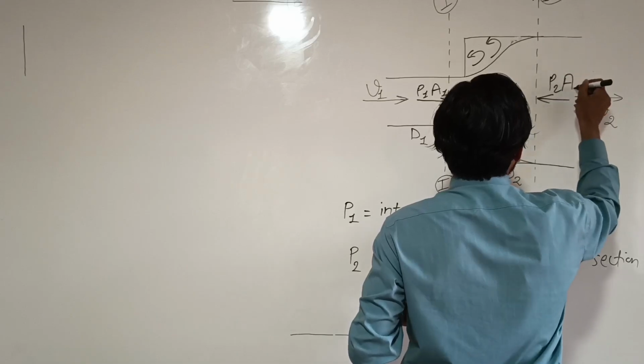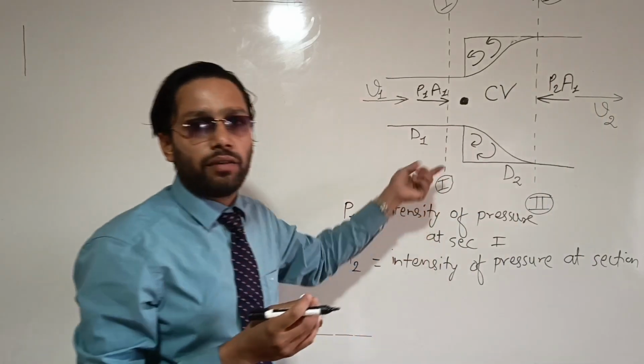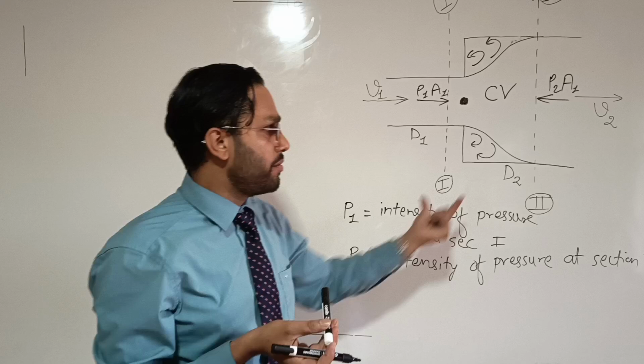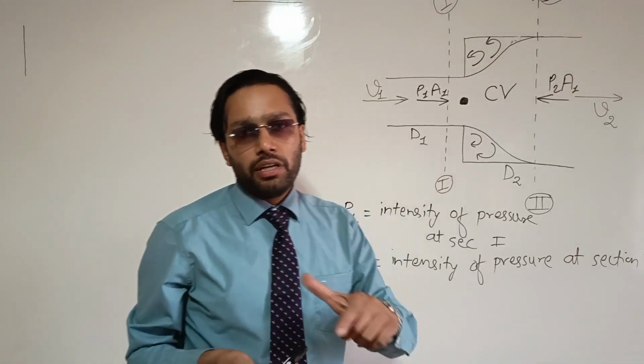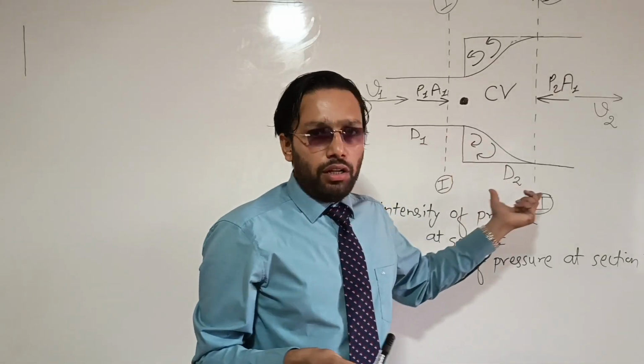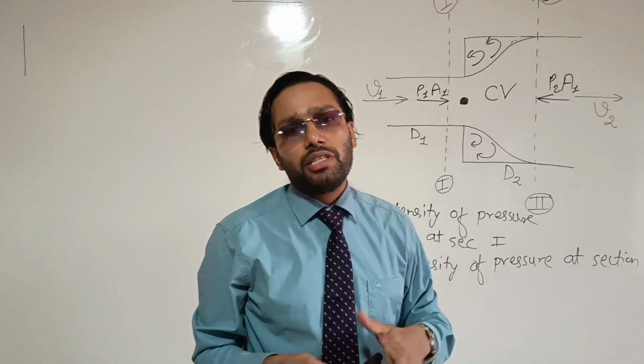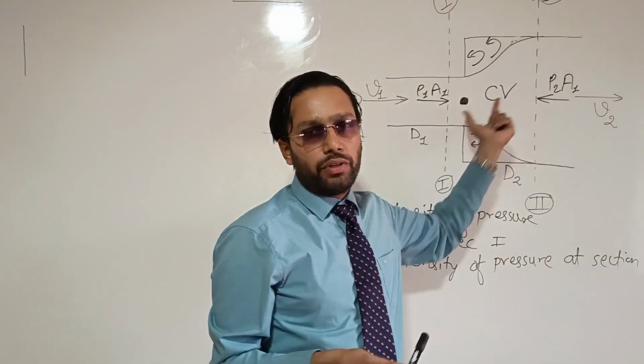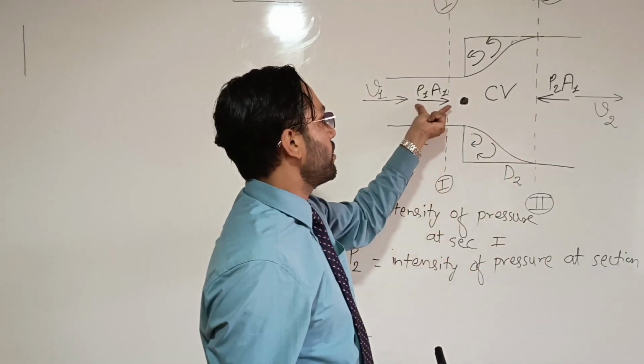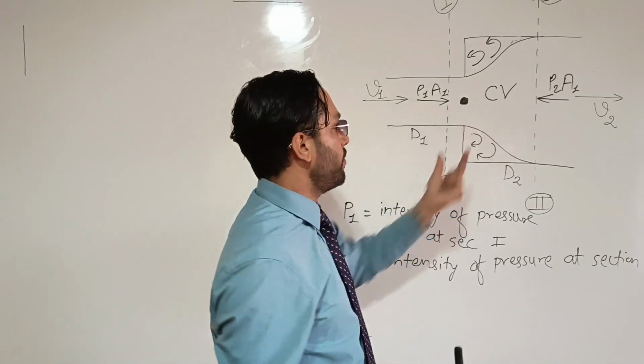We are not writing the pressure, we are writing the pressure forces, because we are applying the Newton's momentum principle, so we need the forces. That's why I'm writing here the forces toward the control volume, and these are the pressure forces.